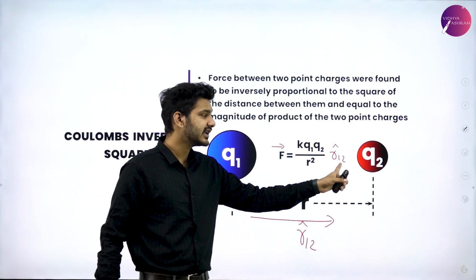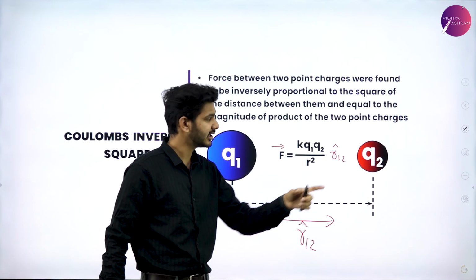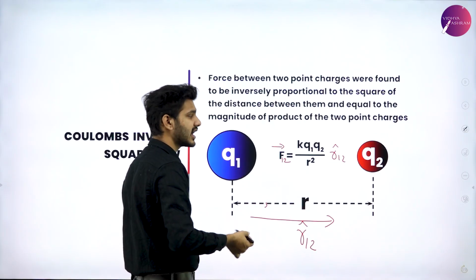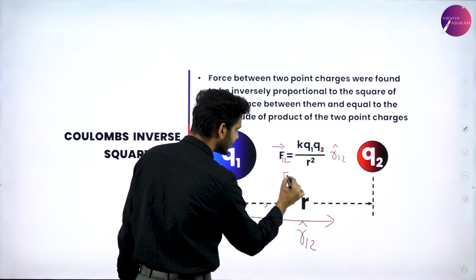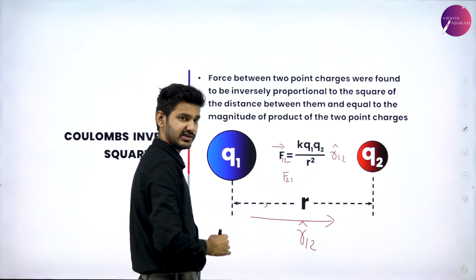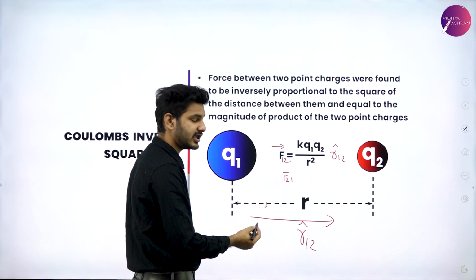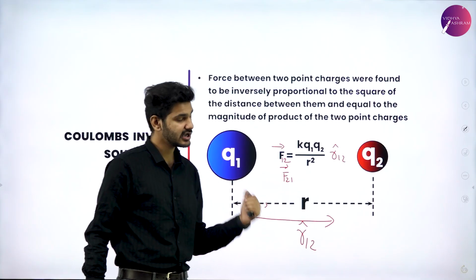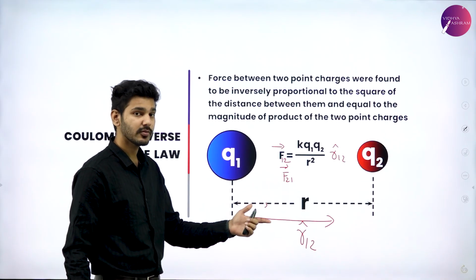So this will indicate the direction of the force acting. And finally, if Q2 is acting on Q1, everything will be the same, just the signs will be interchanged. So F12 will be equal to minus F21 because it is in the opposite direction. So that is one assumption that Coulomb also agrees with.